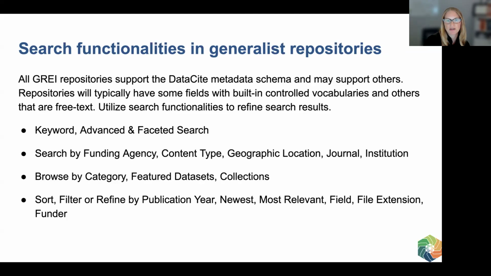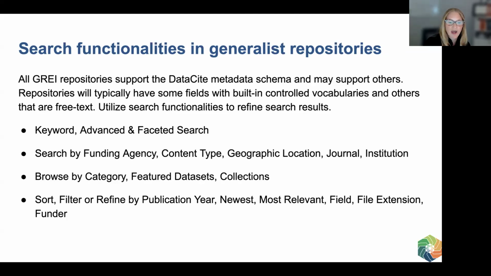Some of these include a variety of keyword, advanced, and faceted searches. For example, we could be leveraging the metadata structure of the repository. This can really facilitate targeting and narrowing down our search.